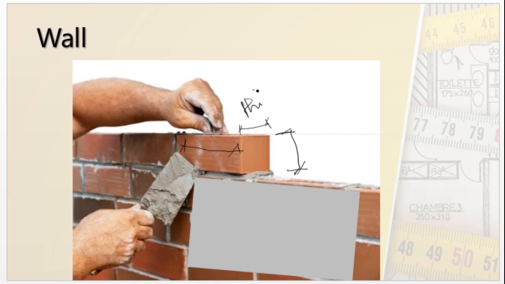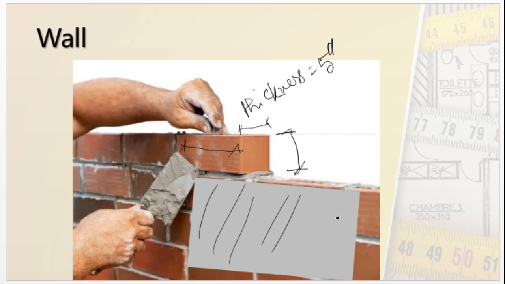Typical brick thickness is 5 inch after finishing. We have to remember that when we speak about thickness, length and width, we mean the finished brick. There will be mortar on this side and that side, and above and below as well. So the combined finished brick will have a thickness of 5 inch every time.